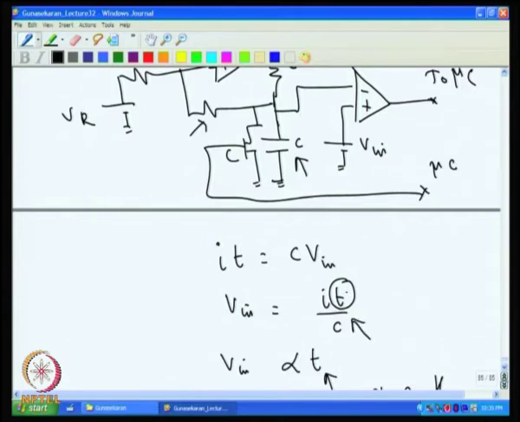We are just measuring T. If you are measuring only T, then we have to make sure that this I and C are constant, but both I as well as C can change with respect to temperature. So, how to modify this for a dual slope converter?